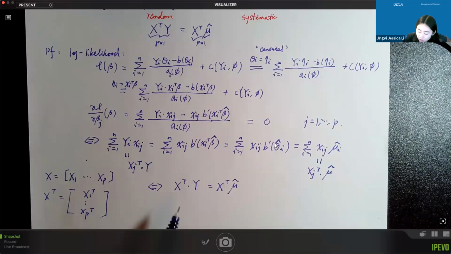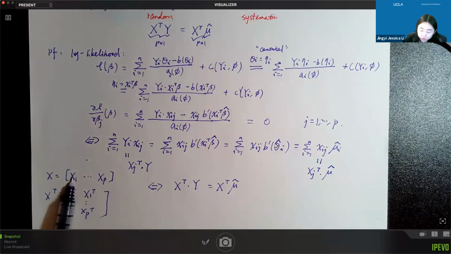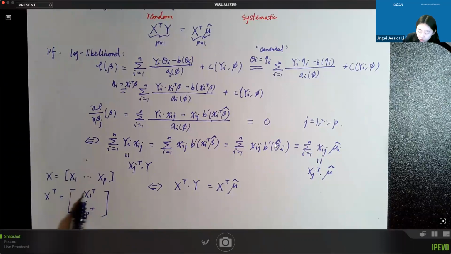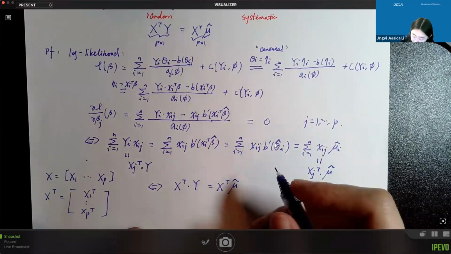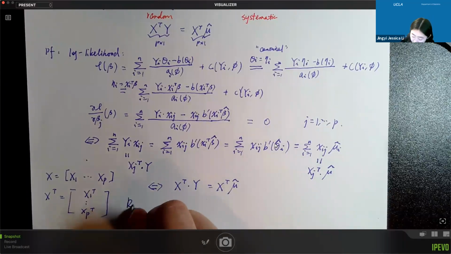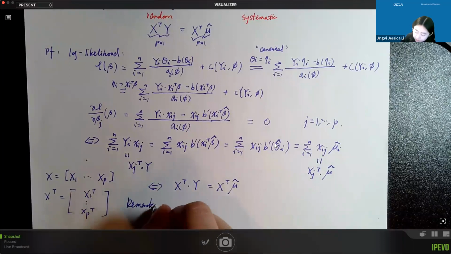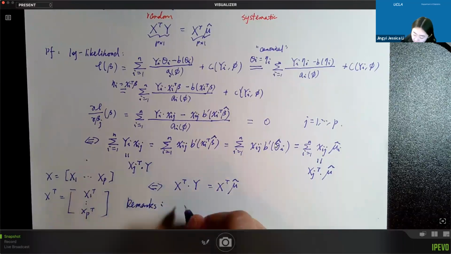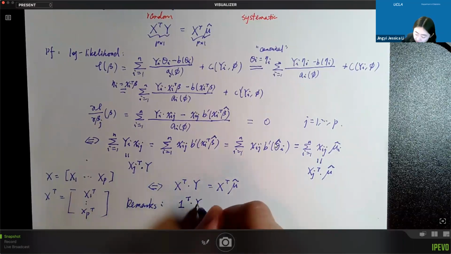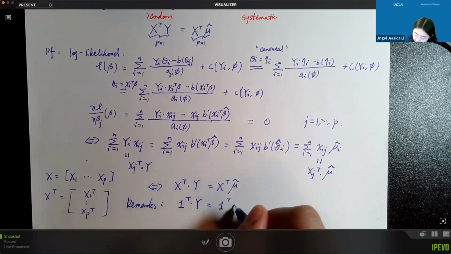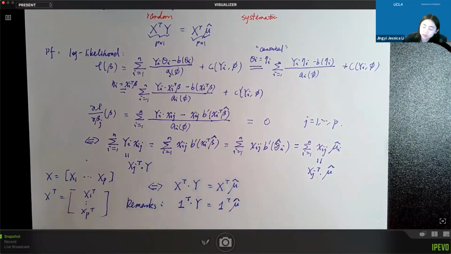And because we know the first column of the design matrix contains ones, the first row in X transpose contains ones. Therefore, we would have a one vector, you see. So, remarks. The first remark is that the n-dimensional one vector, inner product with y, equals this because of the first column in the design matrix.